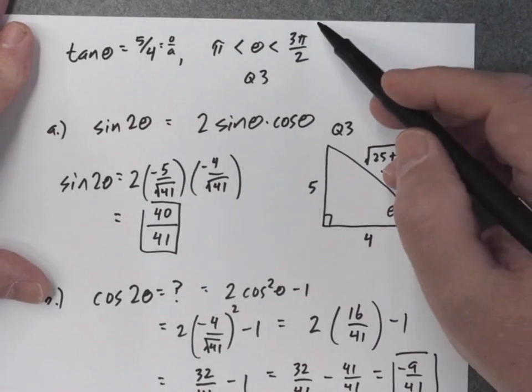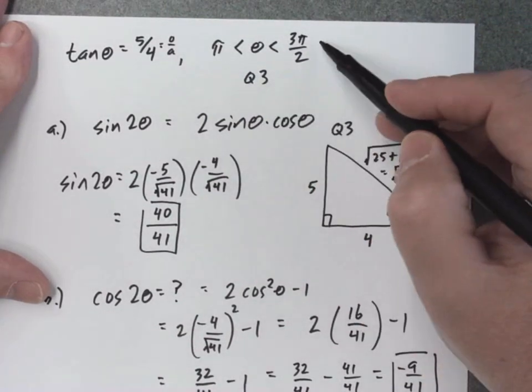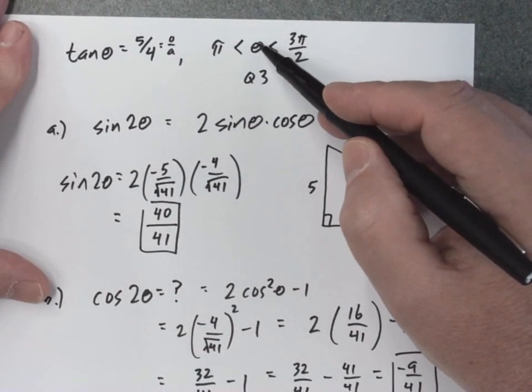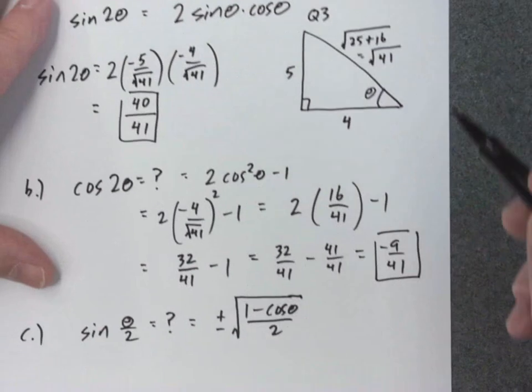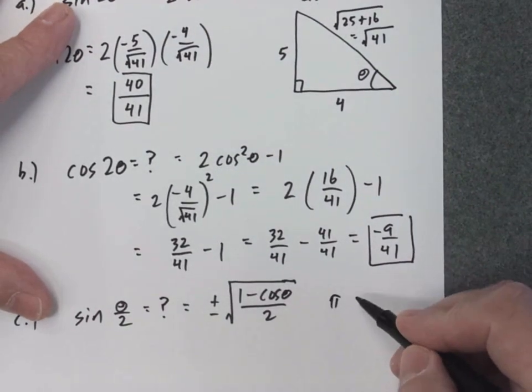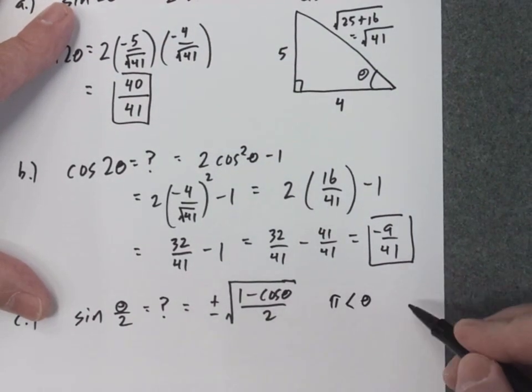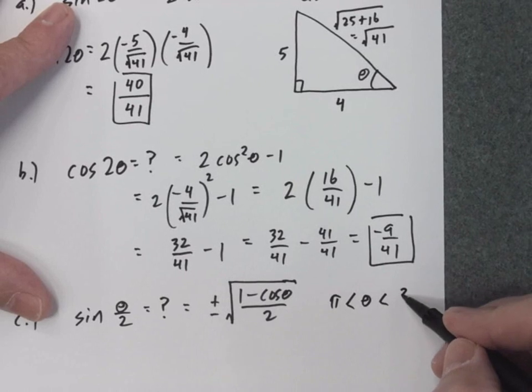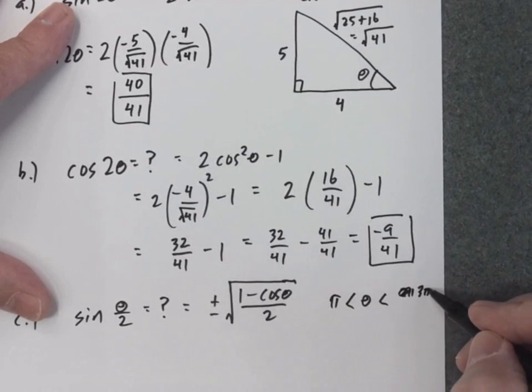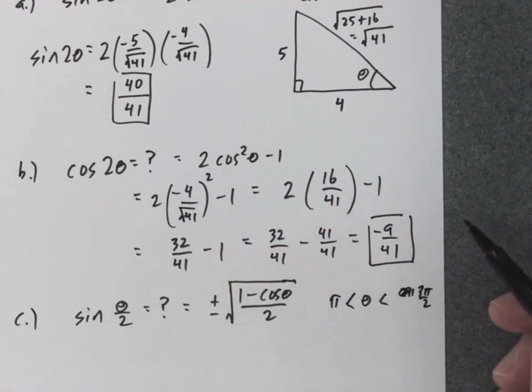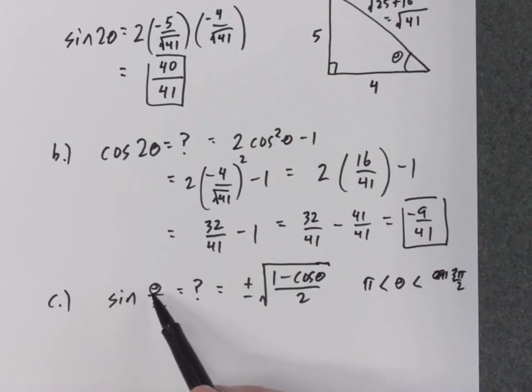You go back way to the beginning when it gave me this information about theta. I'm going to rewrite this so I can show you what we have to do. Pi is less than theta, which is less than 3 pi over 2. It's because I'm looking for the sine of theta over 2.